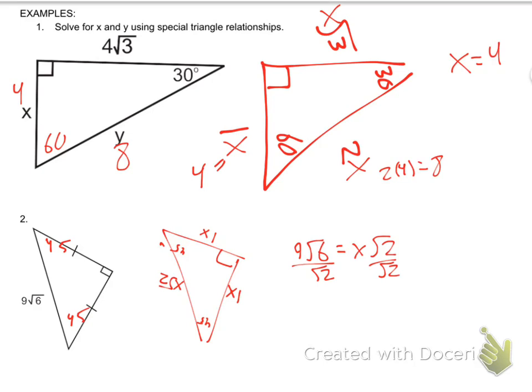Take the numbers and divide them inside. Is 9 inside or outside? Outside. It's outside, so it does not get affected. What's the square root of 6 divided by square root of 2? And there's x. X happens to also be the length of each one of these sides.